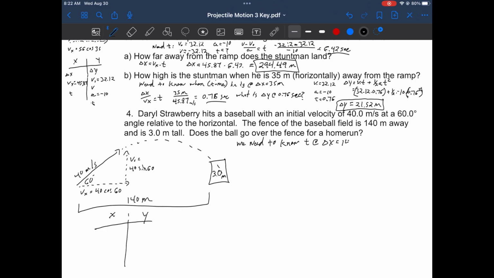We could then determine the time it would take to travel that 140 meters. And then we can see on the y side, what is the vertical displacement, delta y, at that same moment in time. If it's more than 3 meters, it's going to clear the fence. If it's 3 meters to 0 meters, it's going to hit the fence. And if it's less than 0 meters, if it's a negative number, that means it's below ground. So it's hit the ground prior to getting to the fence.